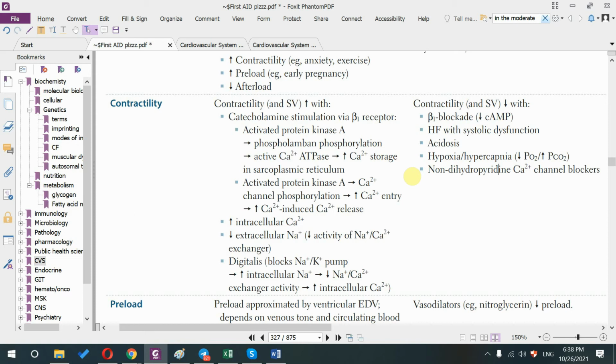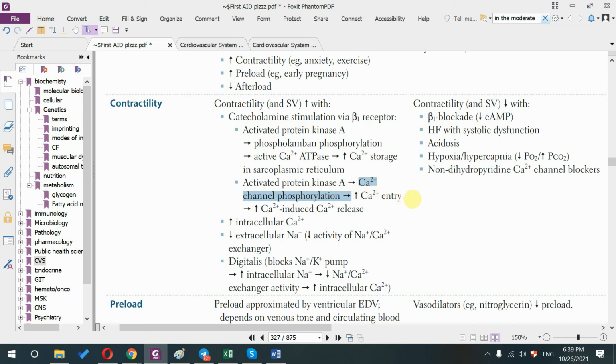Activated protein kinase A also leads to calcium channel phosphorylation. So, calcium channel phosphorylation, where are these calcium channels located? Make a note about it. They are located on the cell wall of the cell, not the sarcoplasmic reticulum. Don't confuse it. These ones are located on the cell wall.